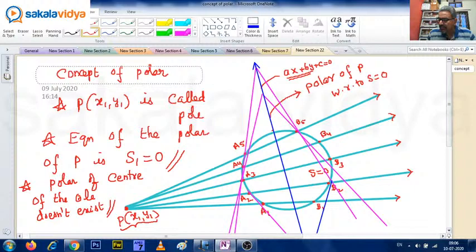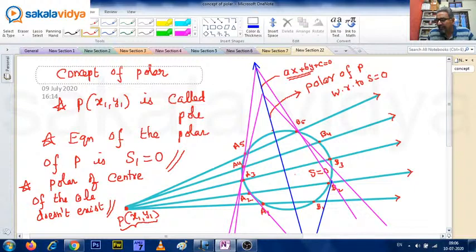Pink lines are tangents drawn at the extremities of the chord or of the secant. See, here I have drawn tangents like this. So many tangents like this. The point of intersection of all these tangents lies on one line. That is nothing but the polar of the circle.